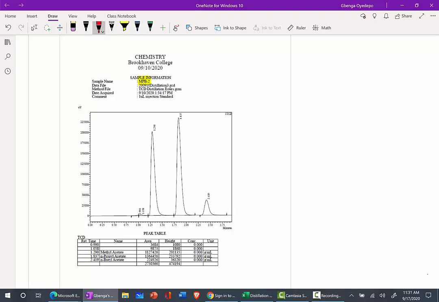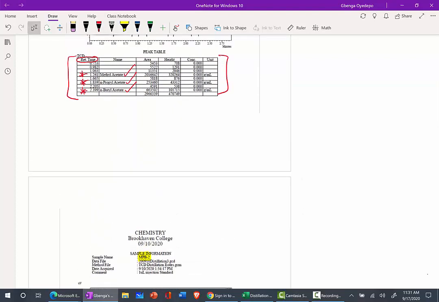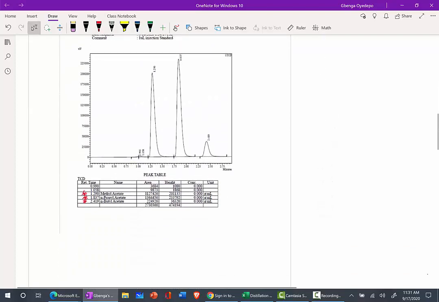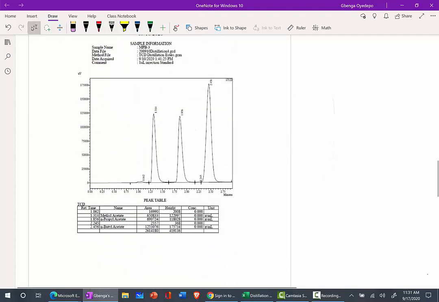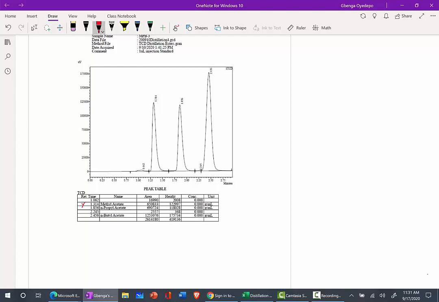And if you look at the retention times and you compare to the retention times in the first standard, you will see that they are within the same ballpark. 1.261 in the first standard for methyl acetate, 1.29 for methyl acetate in the second standard, and in the third standard, 1.31. So within the same ballpark.